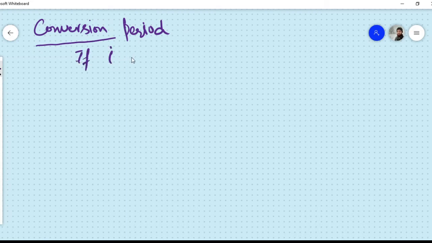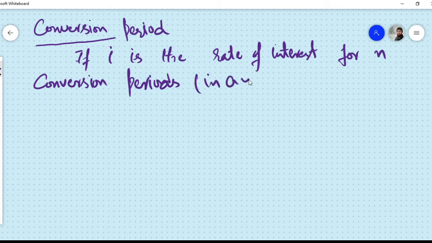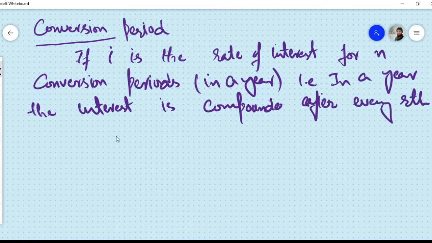If i is the rate of interest for a conversion period, and in a year, that is n times, the interest is calculated or computed or compounded after every conversion period.